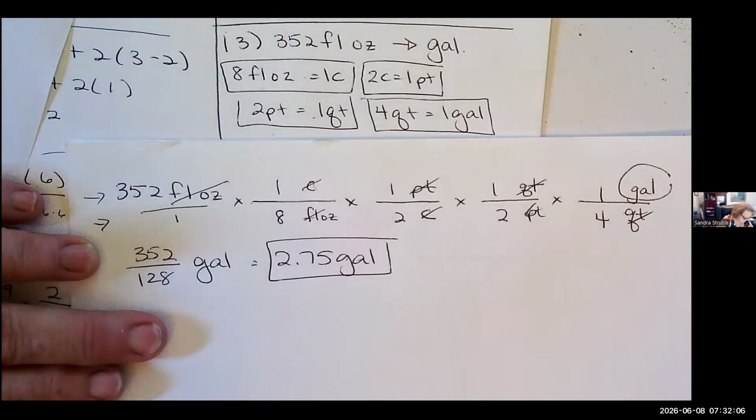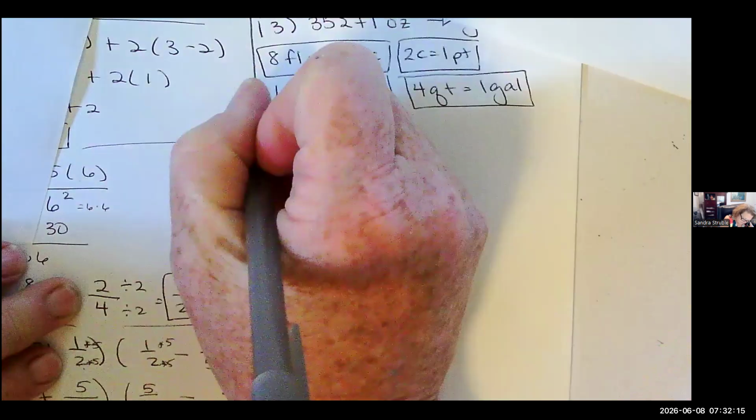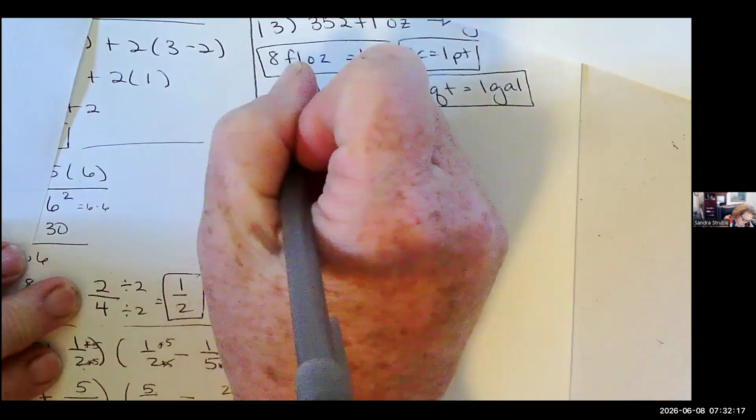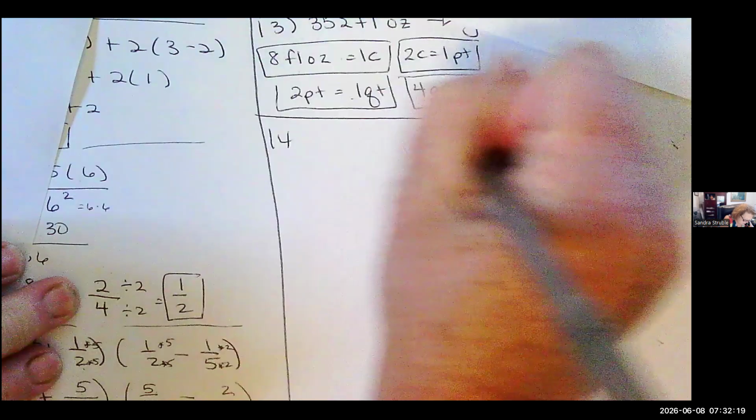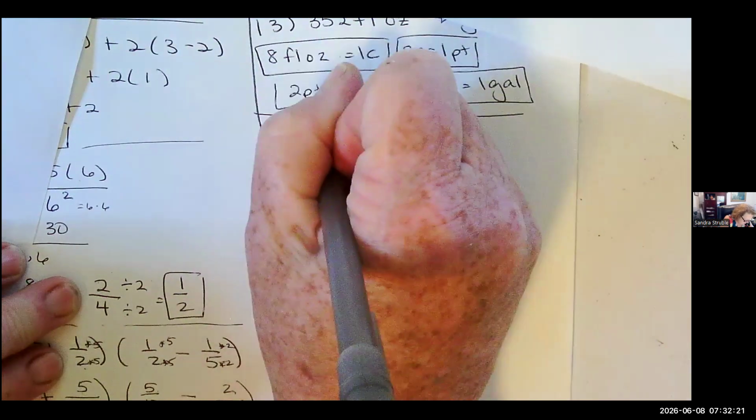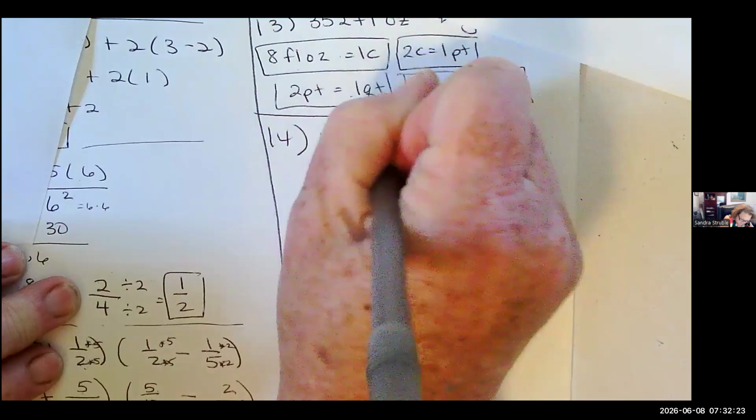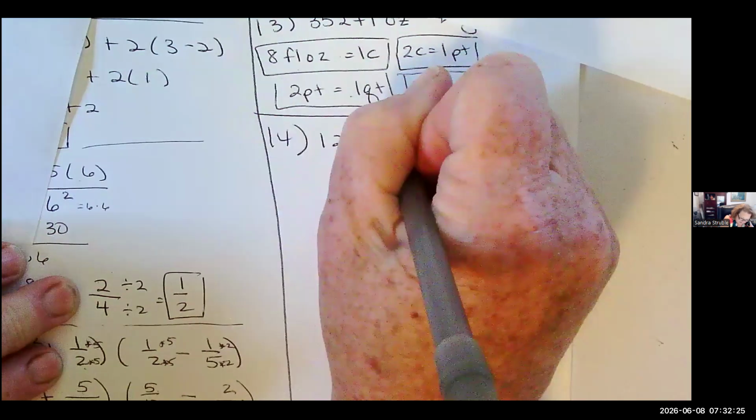What's next? 12,000 square meters to acres. This is number 14.